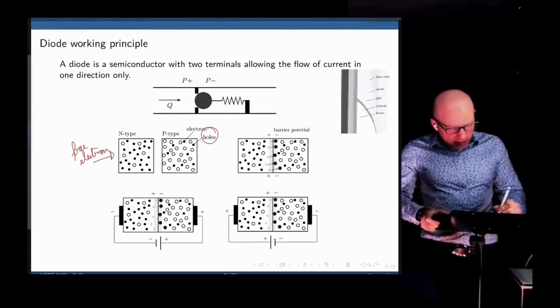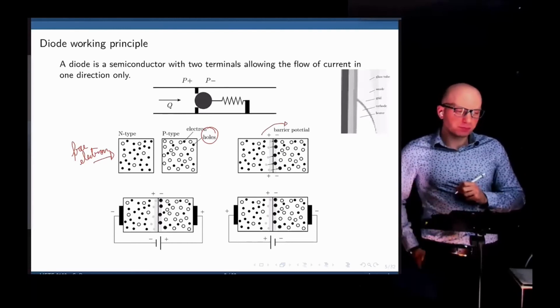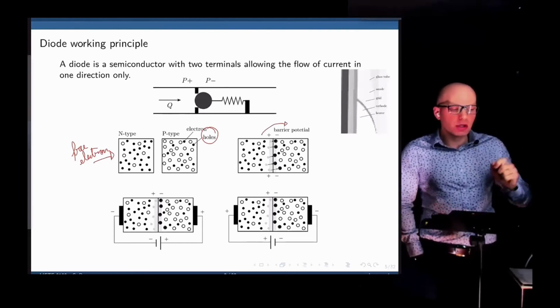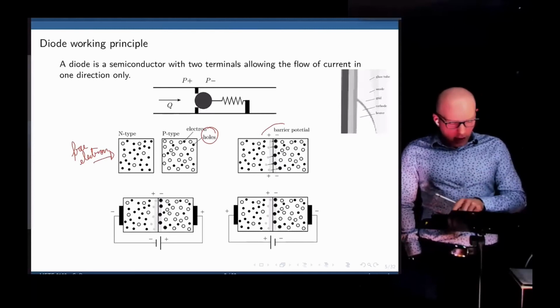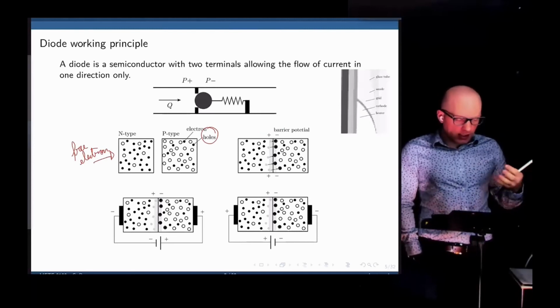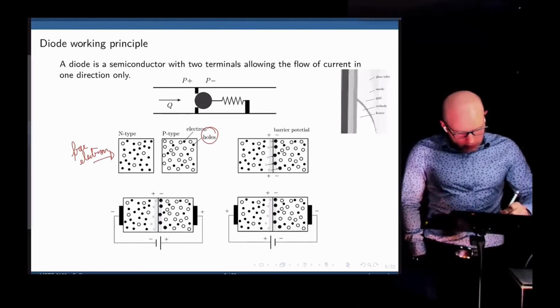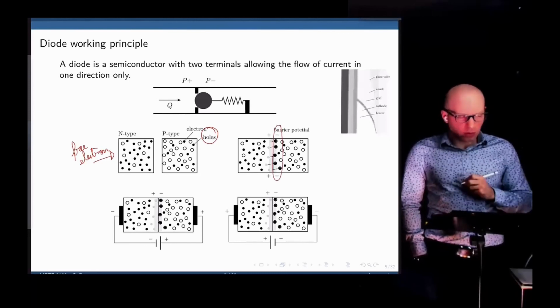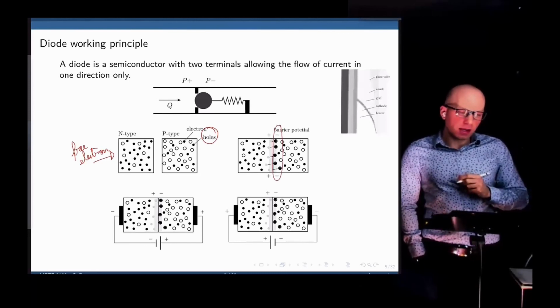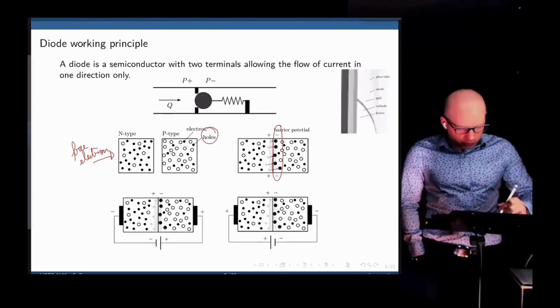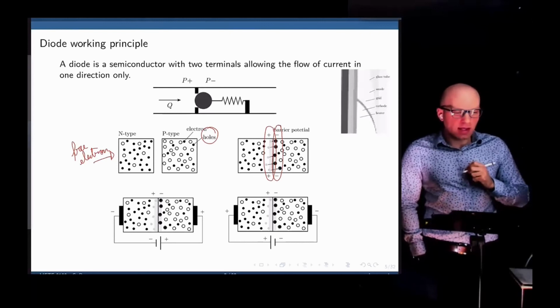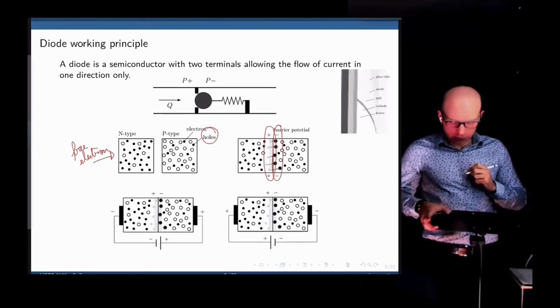These electrons on the N-type will migrate to the P side and occupy those holes. As we do that, we know that an electron has a negative charge, which means that now the side of the P-type will be negatively charged, and this edge of the N-type will be positively charged.